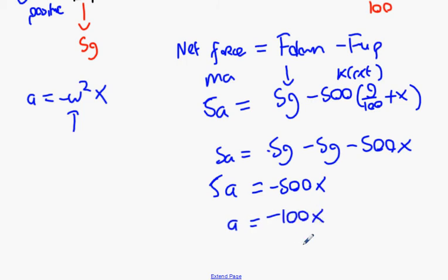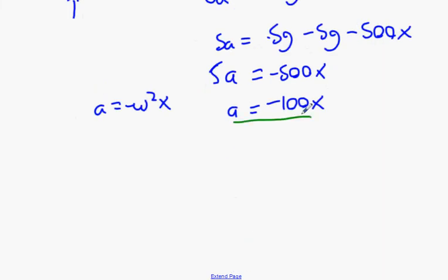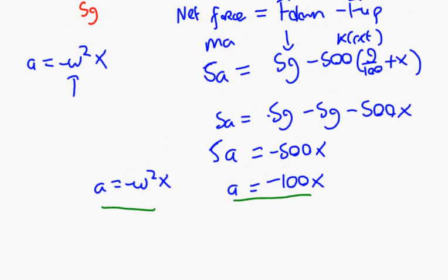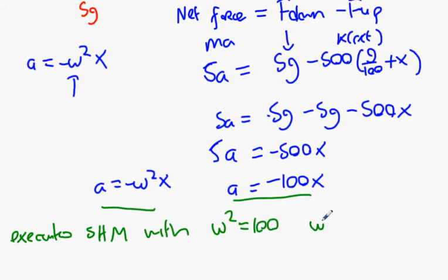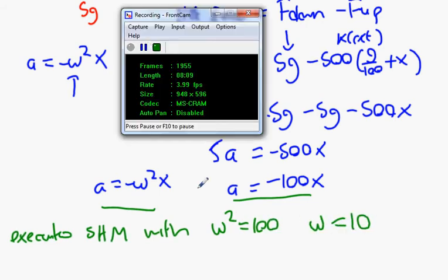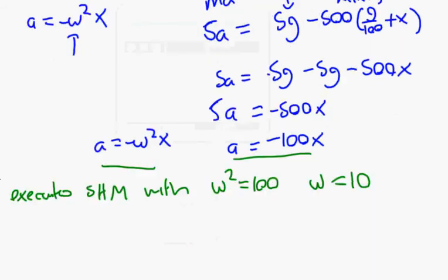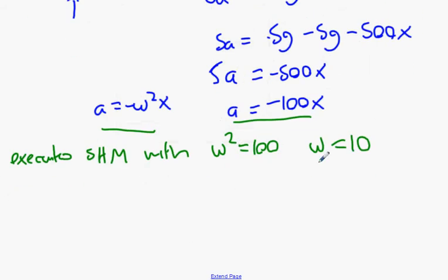Now what's a equal to again, guys? Minus omega squared x. This equation matches the minus omega squared x equation, so it executes simple harmonic motion with omega squared equals 100.